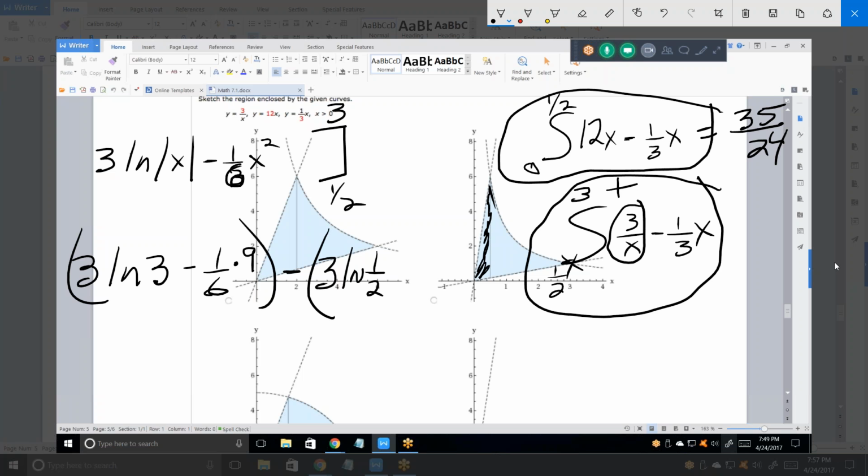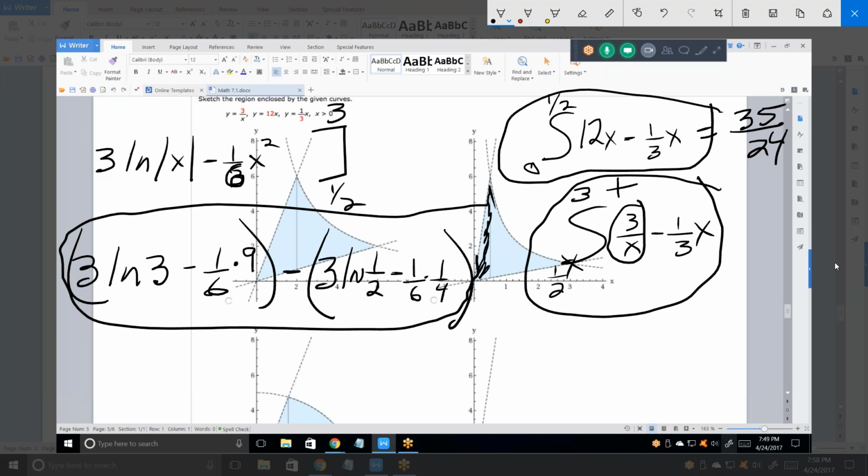Take away the absolute value because these are both positive numbers. Don't need the absolute value anymore. Minus 1/6 of 1/2 squared, which is 1/4. So that is the area of the second part.